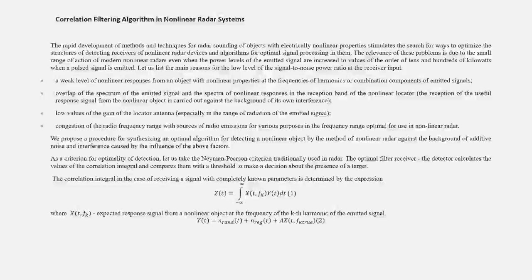when a pulse signal is emitted. Let us list the main reasons for the low level of signal-to-noise power ratio at the receiver input. A weak level of nonlinear responses from an object with nonlinear properties and frequencies of harmonics of combination components of the emitted signal.